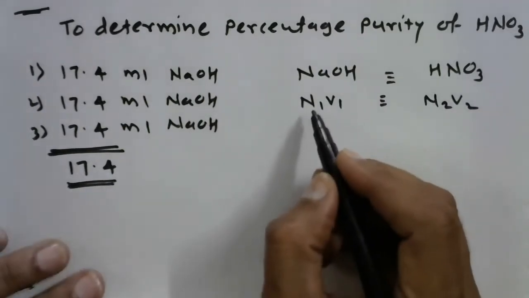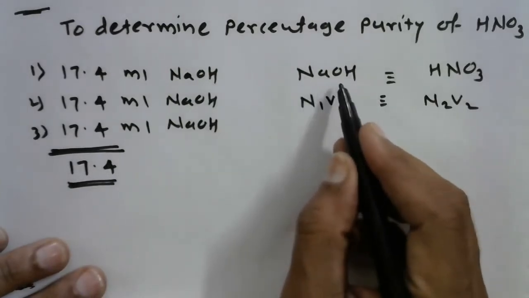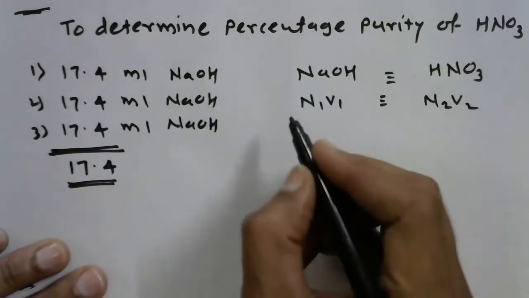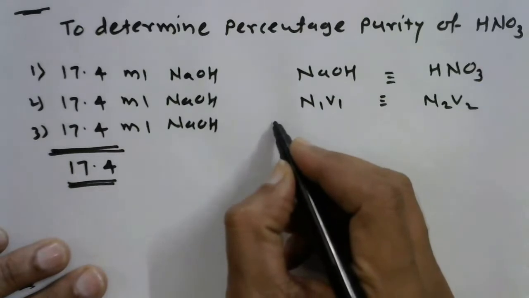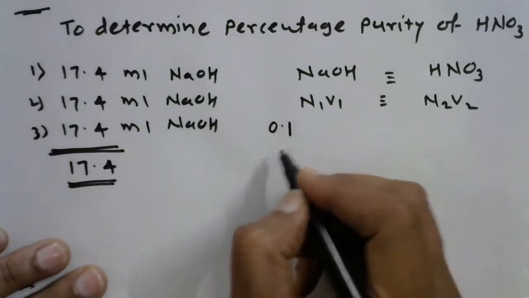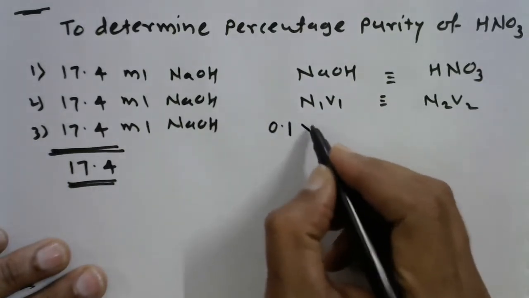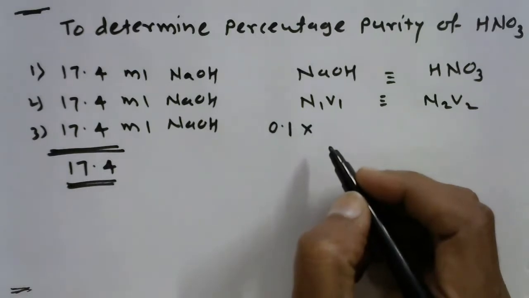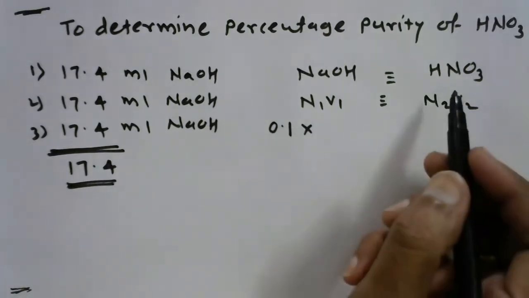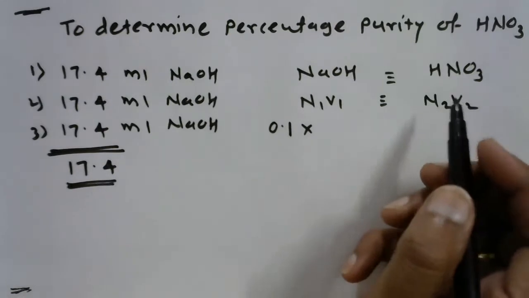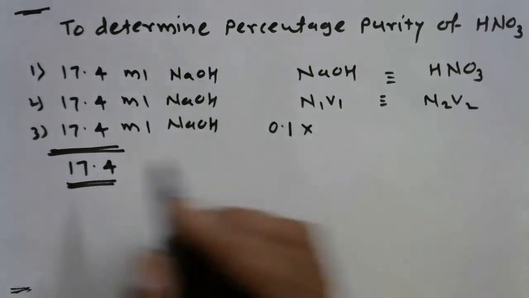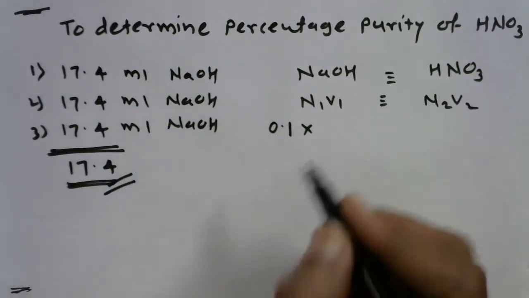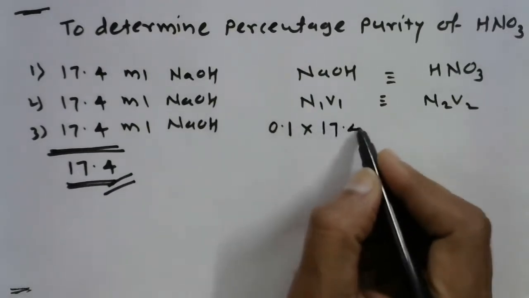This N1 is the normality of the standard NaOH solution, and we have prepared the solution as 0.1 normal. This V1 is the volume of solution in the burette, that is the volume of NaOH required to neutralize the prepared 10 ml HNO3 solution, and that was 17.4, the constant burette reading.